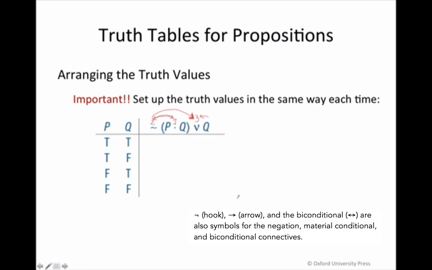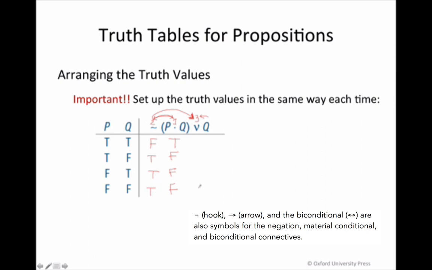Okay, so what do we know about conjunction? Conjunction is true when and only when each of the conjuncts is true. So that means that we have a T in the first row or first line and false in the remaining three. We then reject these values. False, true, true, true.